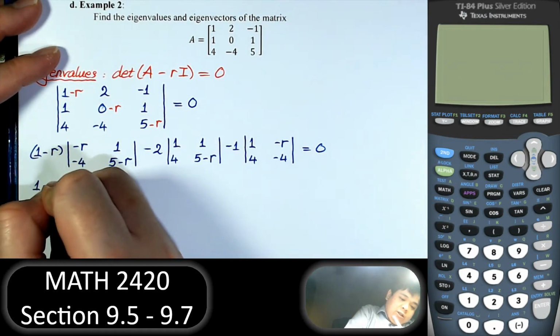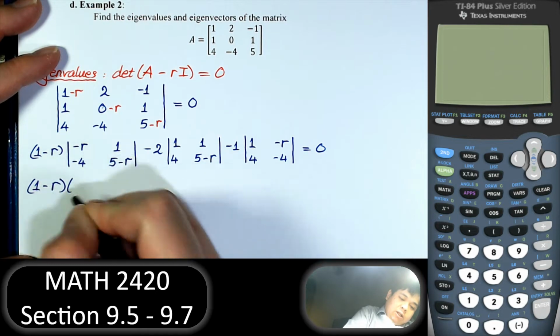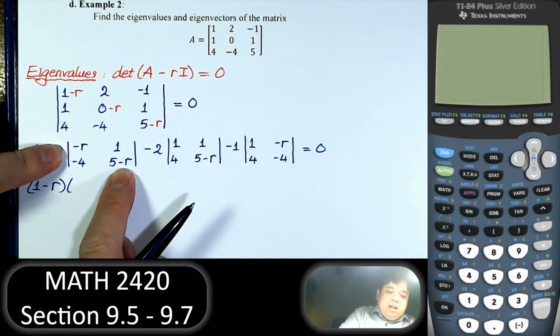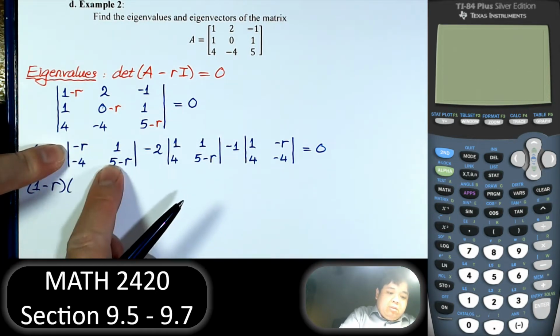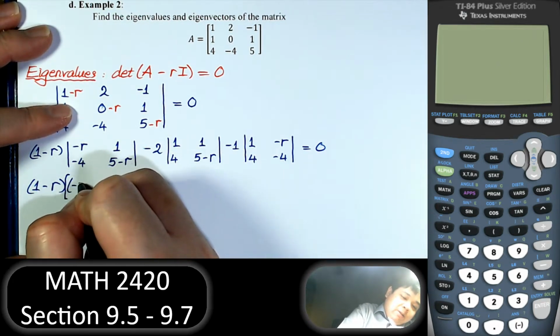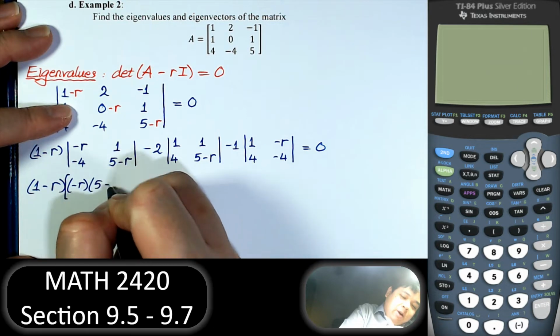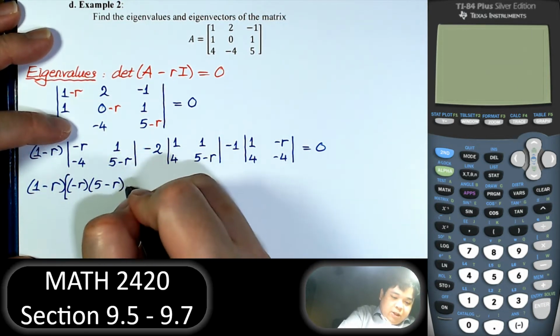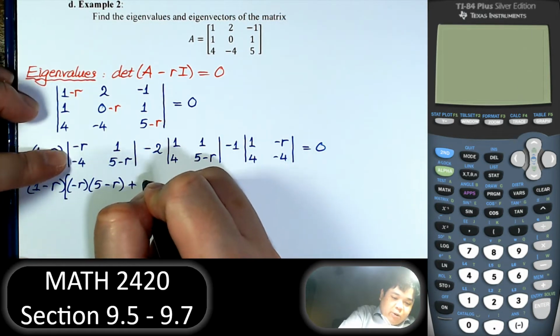Multiply this out. Negative r times that. Negative r times, just write this out. Negative r, 5 minus r, minus negative, so that's a plus 4.